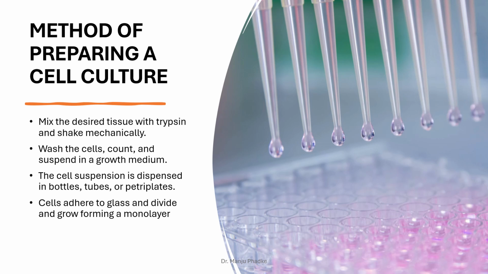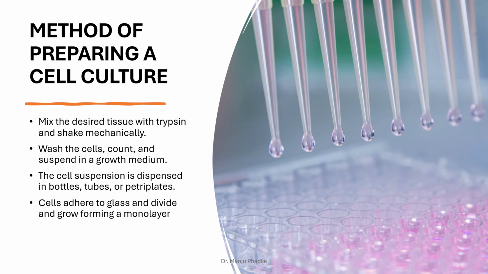This is supplemented with around 5% calf or fetal serum. Antibiotics are added to this, obviously, to prevent bacterial contamination. Phenol red is used as an indicator of metabolic activity. Such growth media enable most cells to multiply with a division time of around 24 to 48 hours.